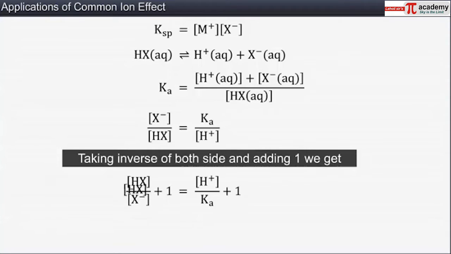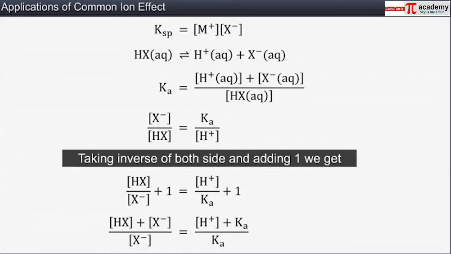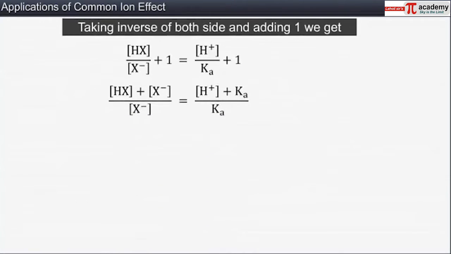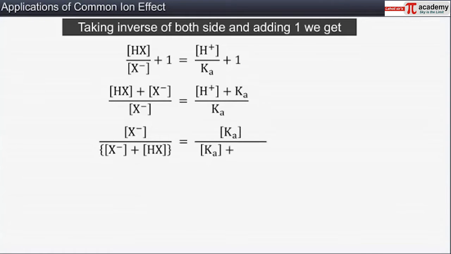This can be written as HX plus X- divided by X- is equal to H+ plus Ka divided by Ka. Now, on taking inverse, we get X- divided by X- plus HX is equal to Ka divided by Ka plus H+, which is equal to F.